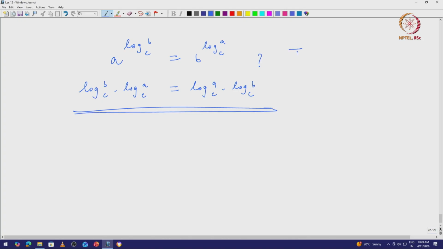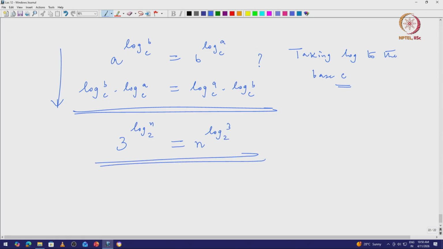So taking log to the base c, from this you get this, and this is obvious. Therefore, we can exchange a and b. That is the reason why 3 power log n to the base 2 is the same as n power log 3 to the base 2, and this completes our analysis.